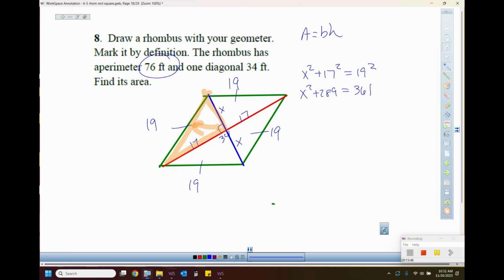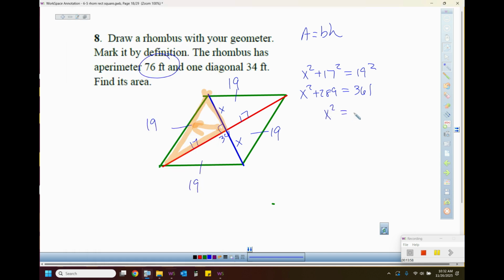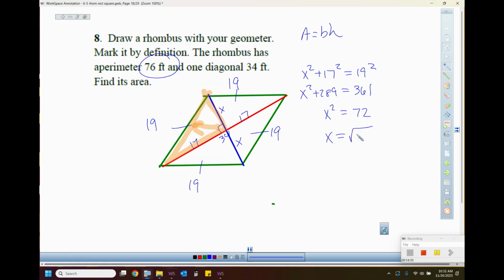So to get x squared by itself, I need to subtract, right? So 361, take away 289, and that is 72. And then for us to solve for x, we will square root both sides, and that's not going to come out nice. Square root of 72, not nice. So we're going to leave it as the square root of 72.